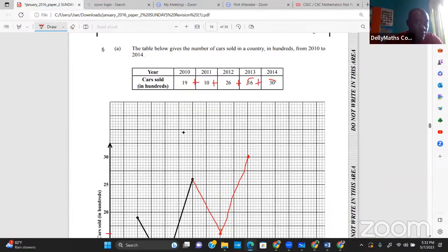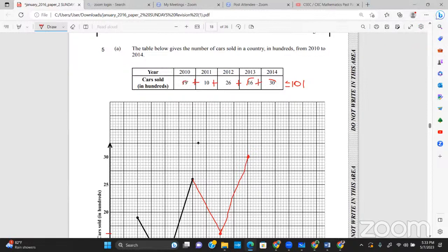But remember what the thing said, it is in 100s. So if I were you, you have to multiply that by 100 to know the real amount of cars, because what you're going to get is not the amount. You get 101, but look, I just said cars sold in hundreds. So it's not 19 that was sold.